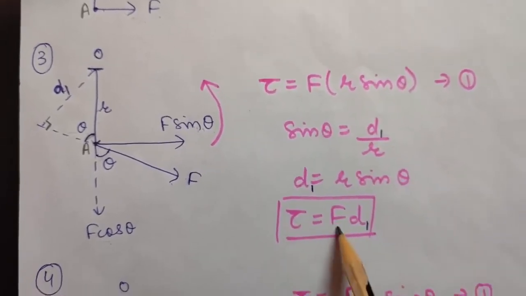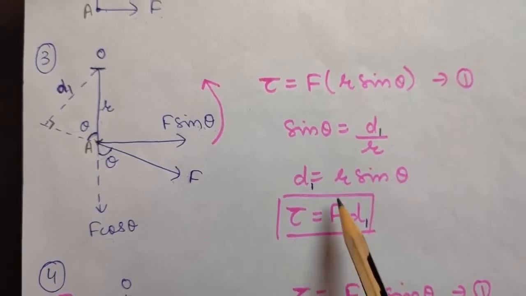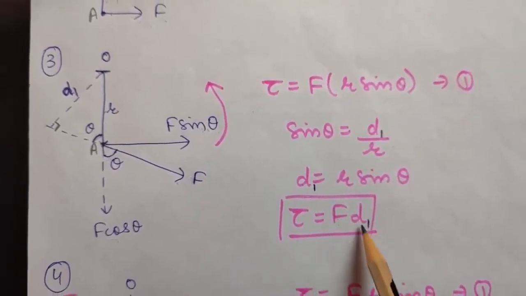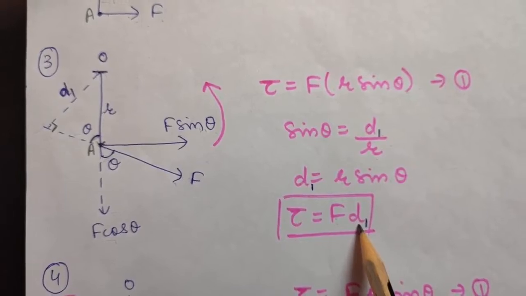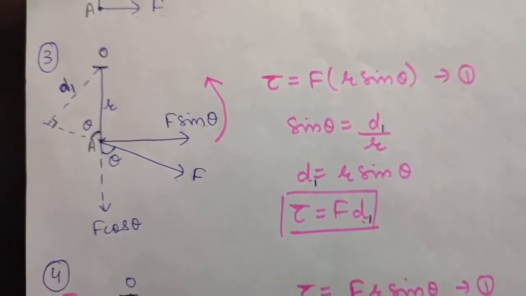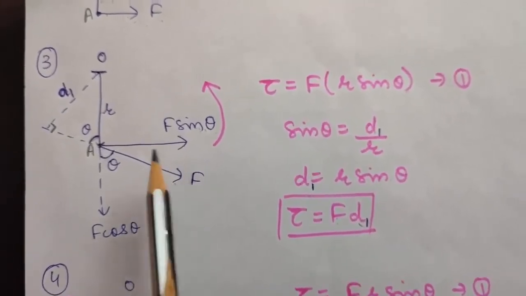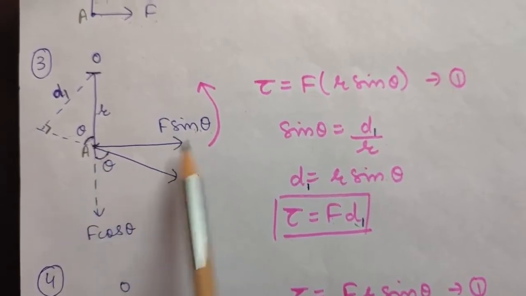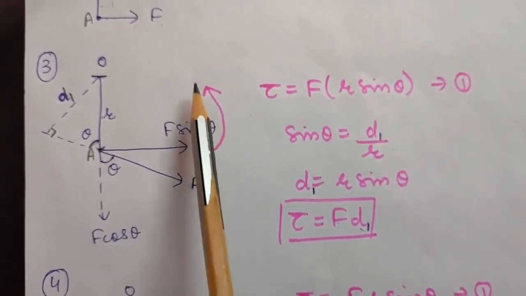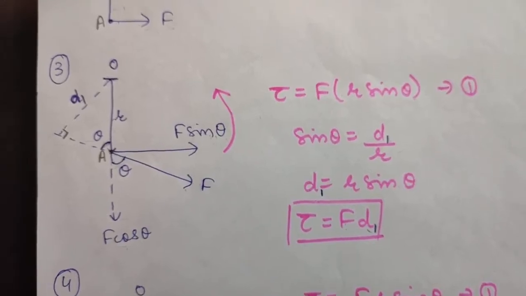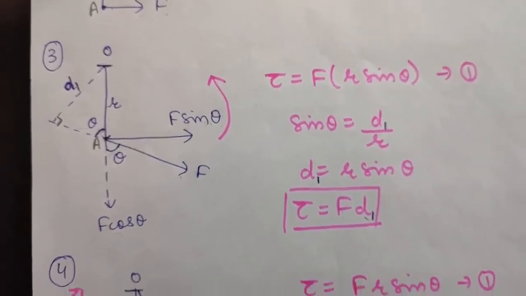So torque is again F D1. That is, it is nothing but product of force and perpendicular distance between line of force and axis of rotation. Okay. So in this case, because the rotation is due to this force, therefore it will rotate in this direction, that is anti-clockwise direction.